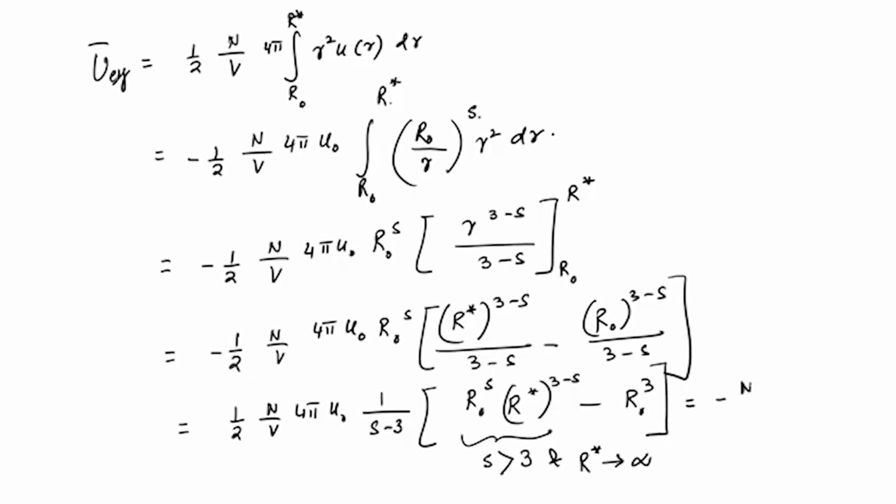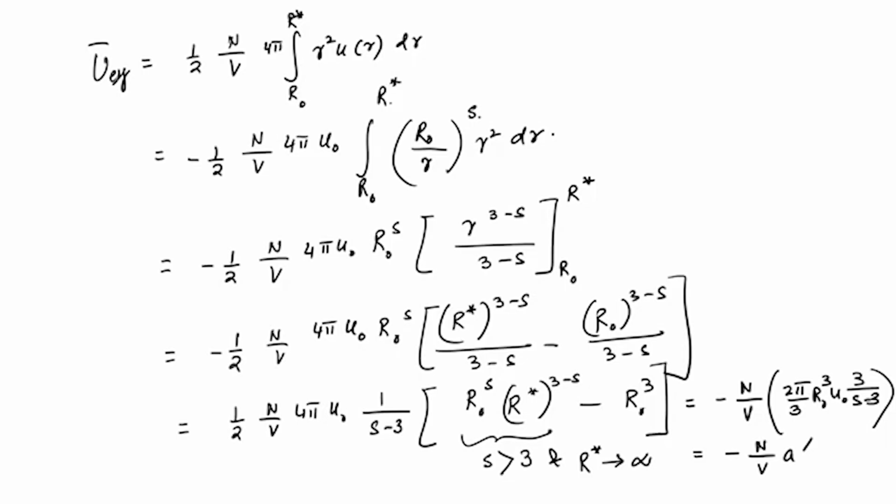So, it is a minus N over V. Now the minus sign returns back because you have a minus here, and this is equal to 2 pi over 3 r 0 cube and u naught, which is a range, divided by s minus 3 and so on, and this can be written as minus N by V a prime. So, that is the u effective, which comes as minus N by V a prime.